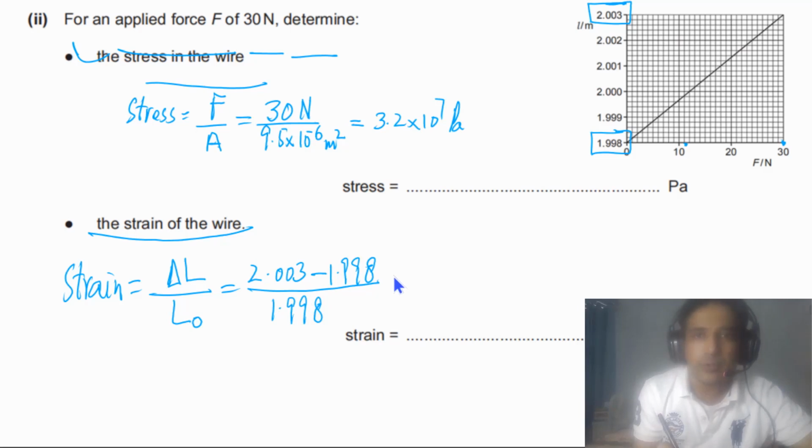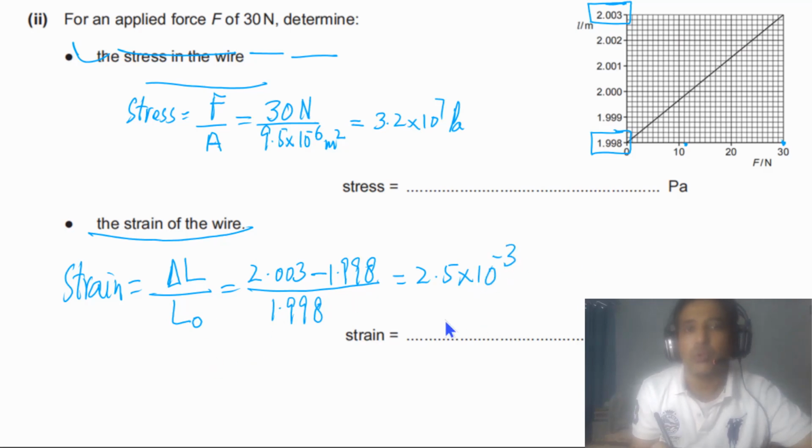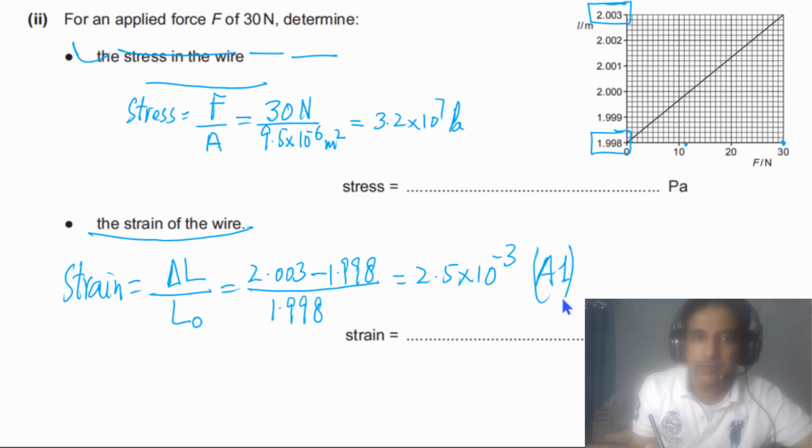If we solve this, we will get 2.5 times 10 to minus 3, and it has no units because this is the ratio between two same quantities. This question has only 1 mark, the answer mark. If you have got the right answer, you will get this mark.